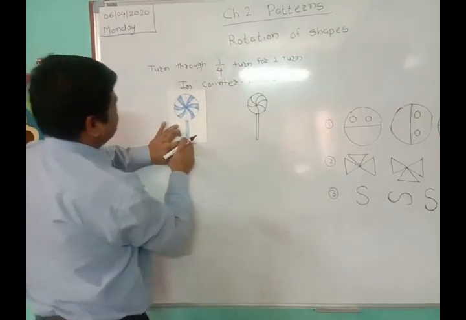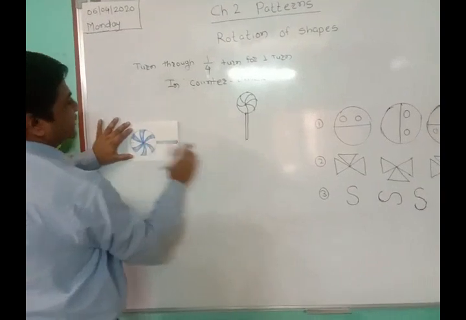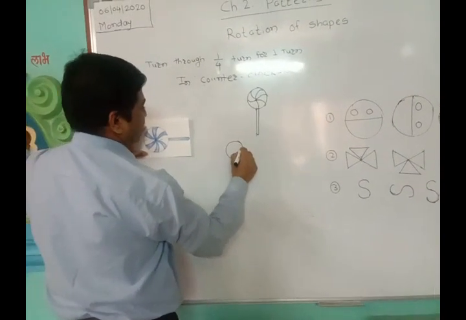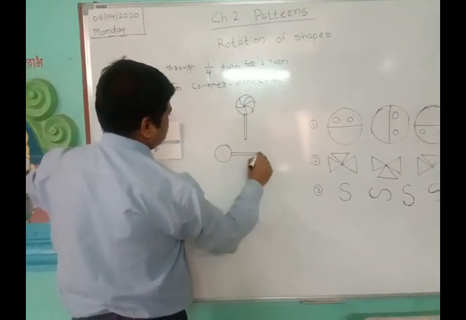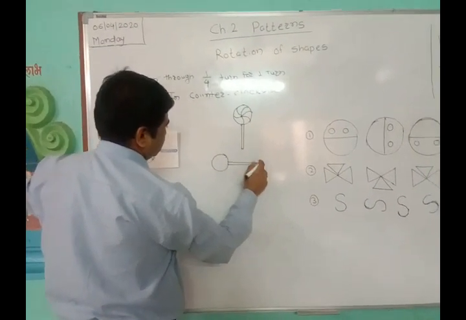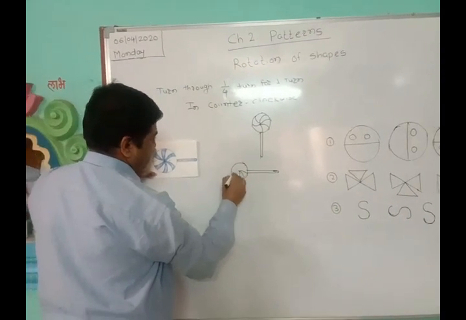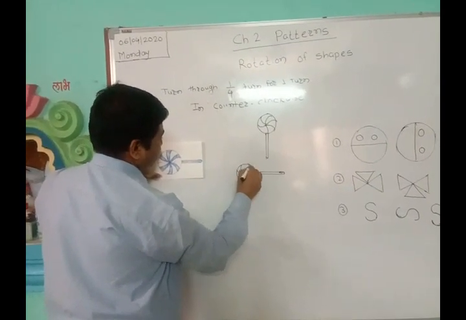And now if I turn it in anti-clockwise direction through one fourth of a turn, your circle will be at the left and your handle will be on the right. And this is how your candy will look.